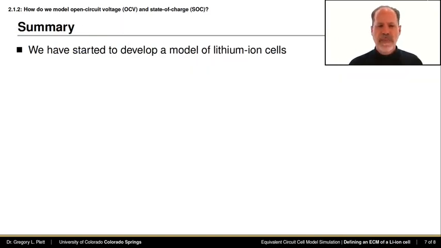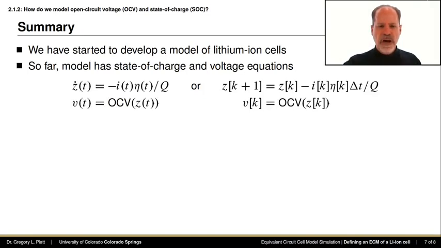So to summarize this lesson, you have learned different things. You have learned that the model that we can use to describe a lithium-ion battery cell in a very simple way has 2 equations. One equation describes how state of charge changes over time in response to a cell input current, and the other equation describes how the cell voltage can be computed as a function of state of charge.